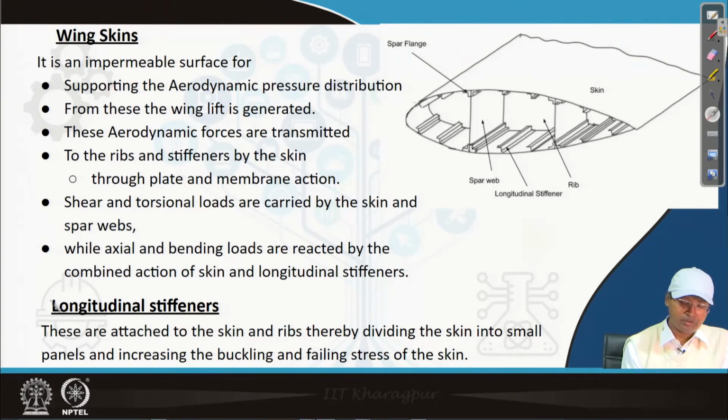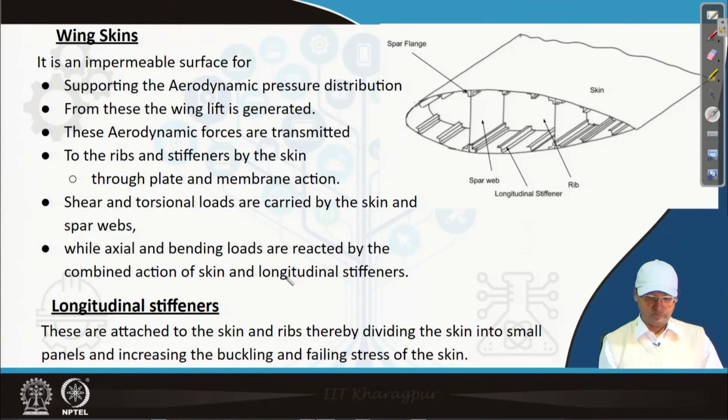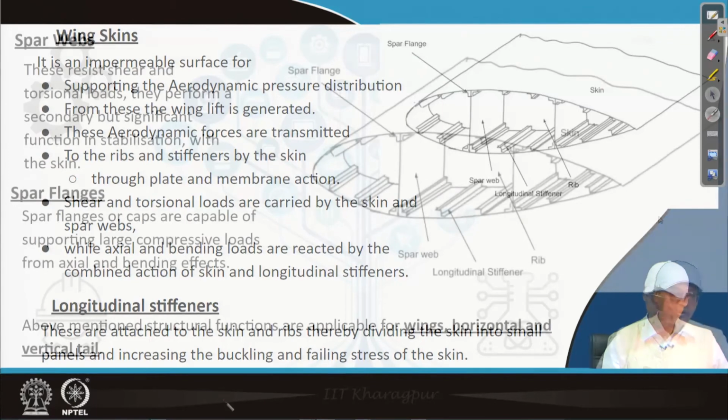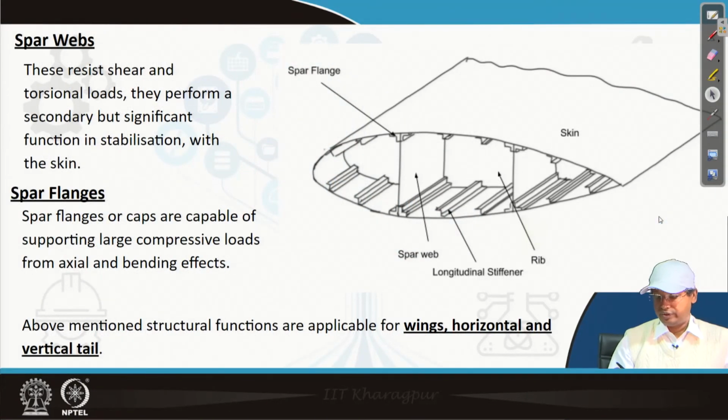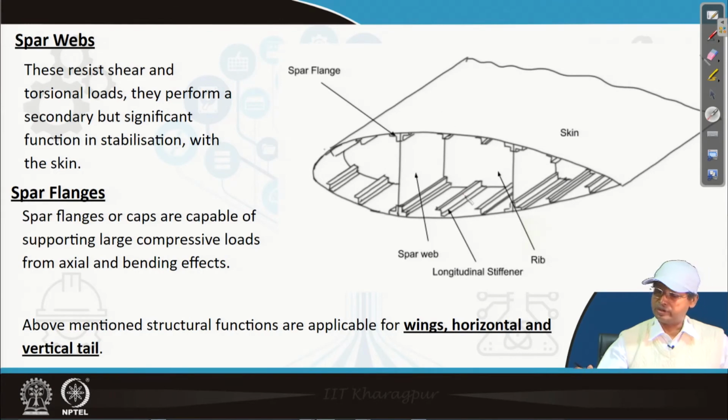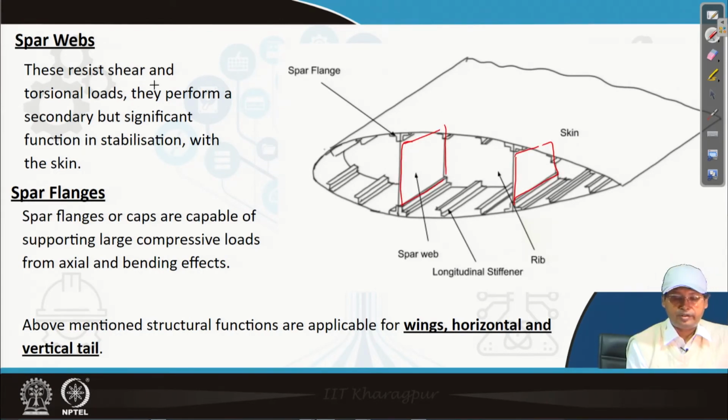So, these longitudinal stiffeners act to reduce the effective length of panels as well as columns. Spar webs, this is what the spar web is. This portion is the spar web. These resist shear and torsional loads. They perform a secondary but significant function in stabilization with the skin.